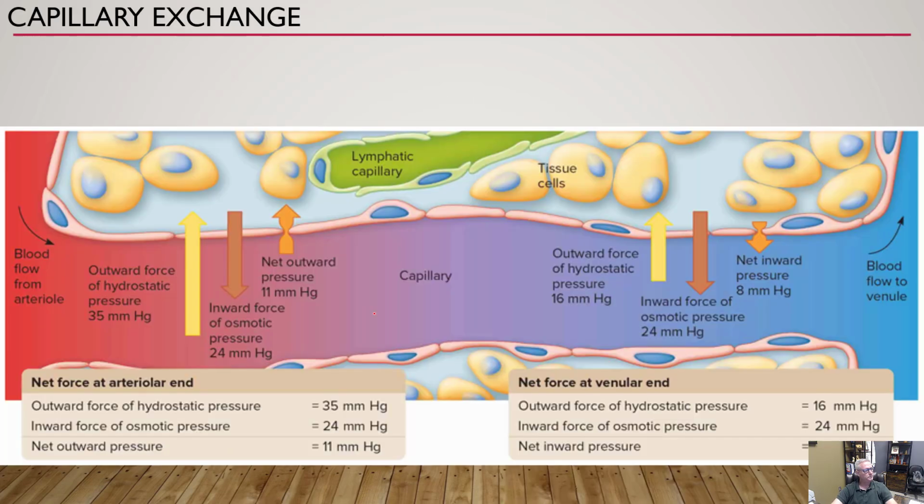Okay, all right, so back to this picture. We're just going to do a little review of this picture. Remember, on the arterial end, arteriole, and then over here we have the venule end.